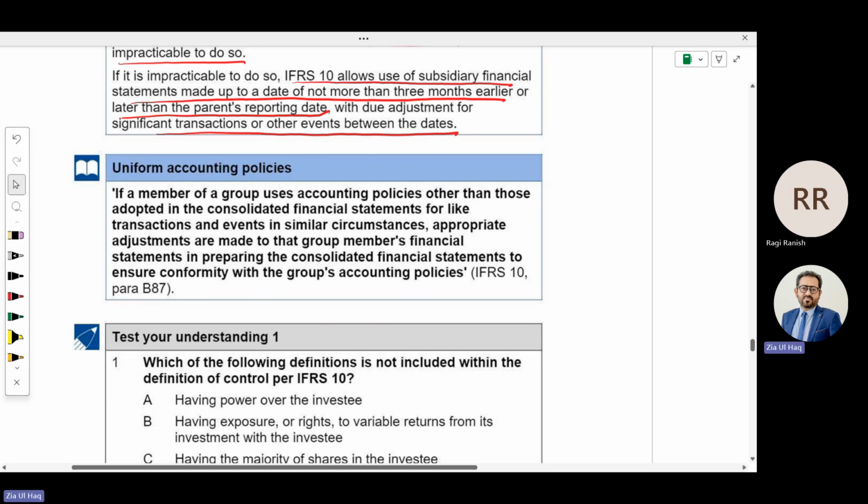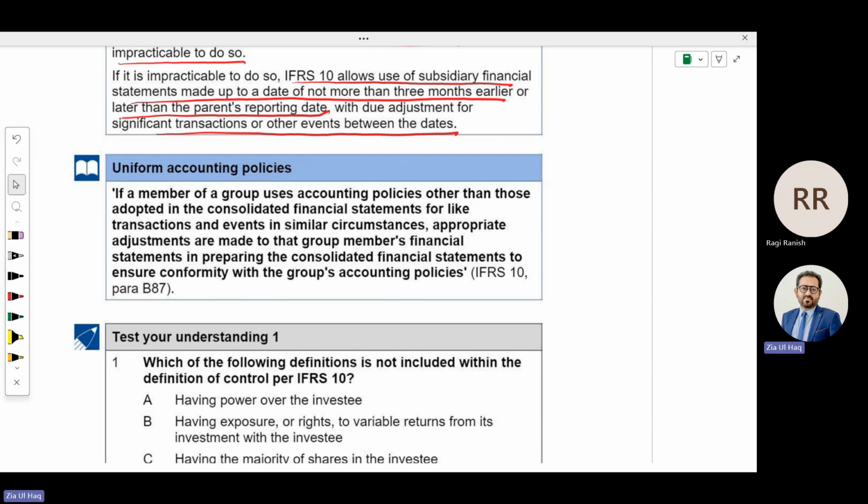Uniform accounting policies, what does that mean? Uniform means same. Parent company and subsidiary should have similar accounting policies. If they are different, you need to define the same accounting policies for the same group.